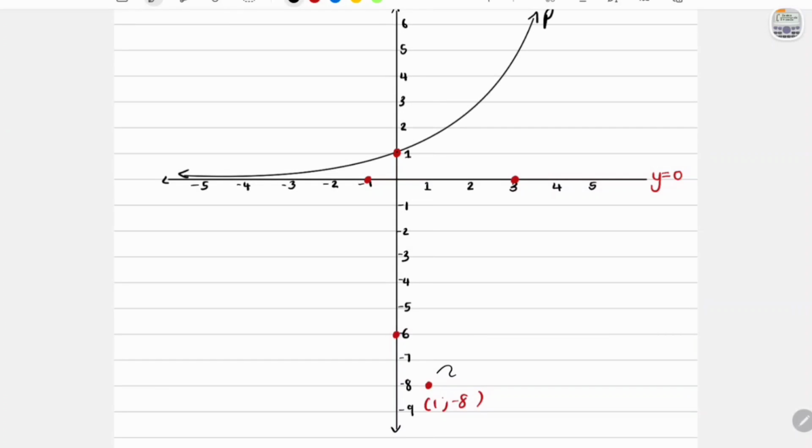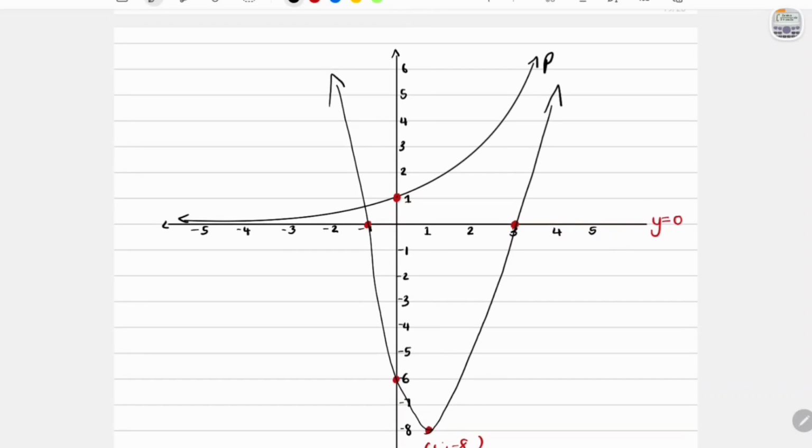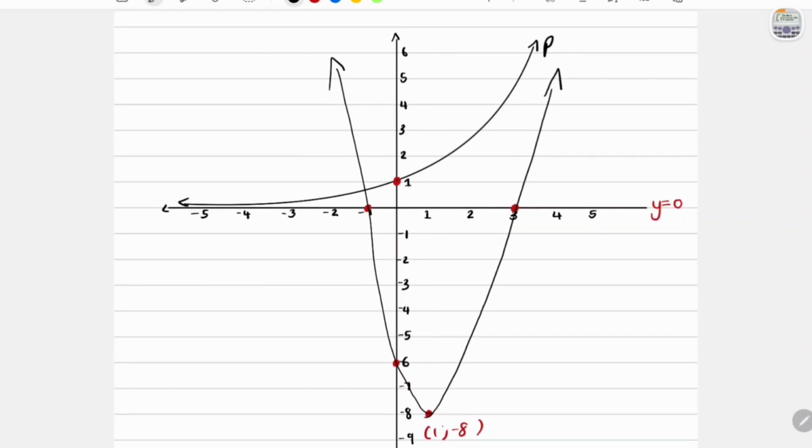I find it easier to connect from the turning point to the x-intercept. So like this, from here to there. Stretch it out like that. And then from the turning point again to the y-intercept, then to the x-intercept, and then shoot out. Not the most perfect looking graph, but kind of like that.